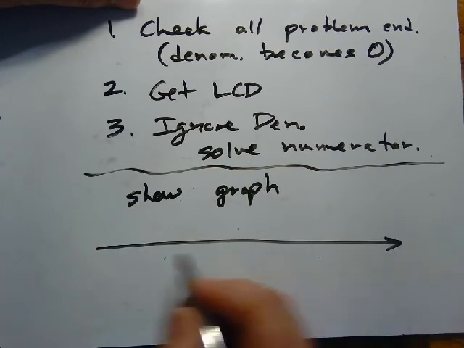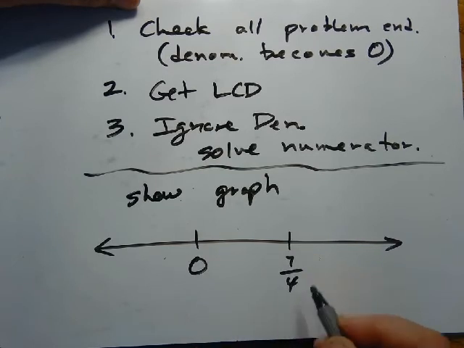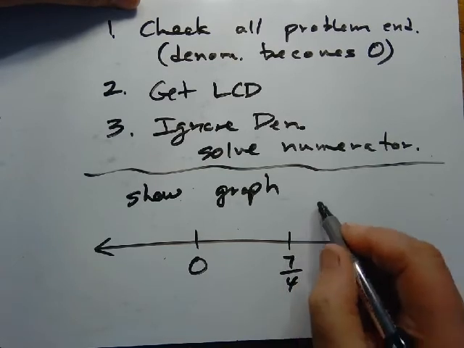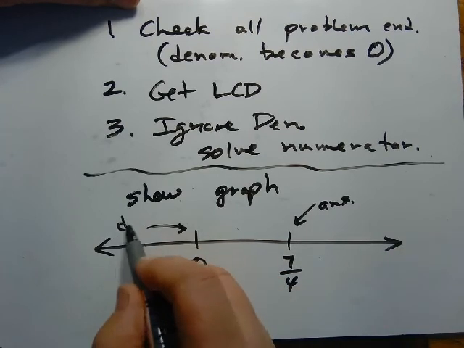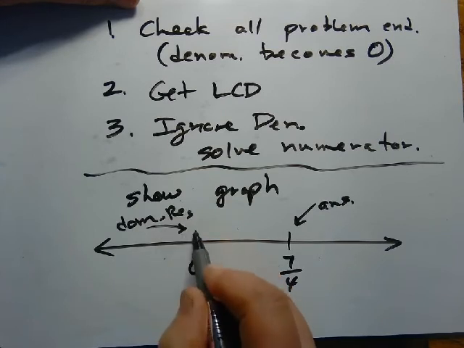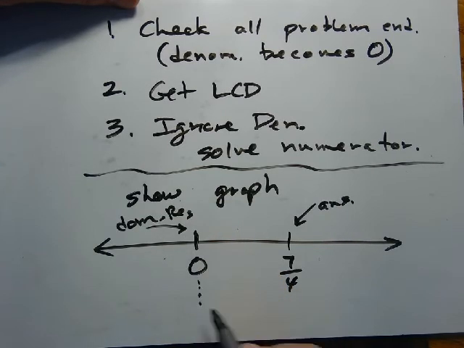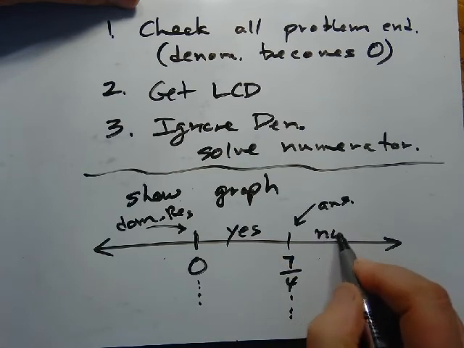For example, a linear graph, and whatever those excluded values are, the answer is going to be one of them possibly, and the other one is probably your domain restriction. And if there's a domain restriction here, that's another boundary. You check those boundaries out to see which one would work. This one worked here, did not work over here.